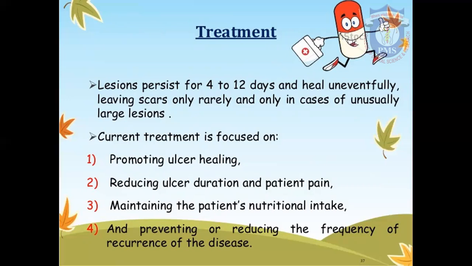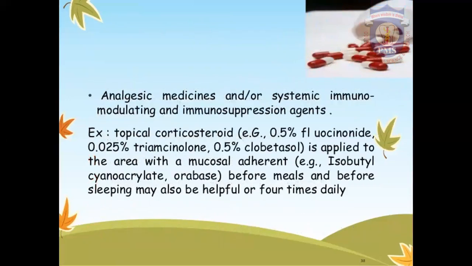So, the correct treatment is focused on promoting ulcer healing, reducing ulcer duration and patient pain, maintaining the patient's nutritional intake, and preventing or reducing the frequency of recurrence of the disease. Also, analgesic medicines or systemic immunomodulating or immunosuppression agents could be given.